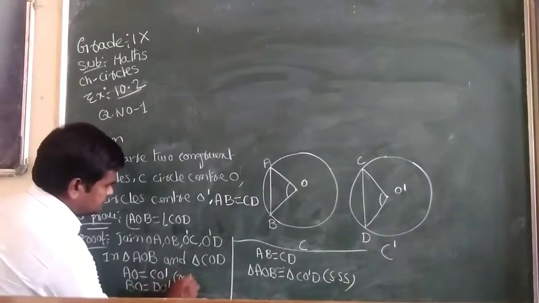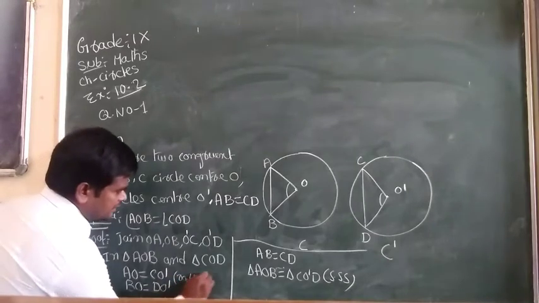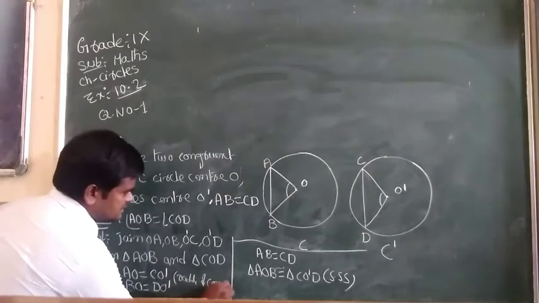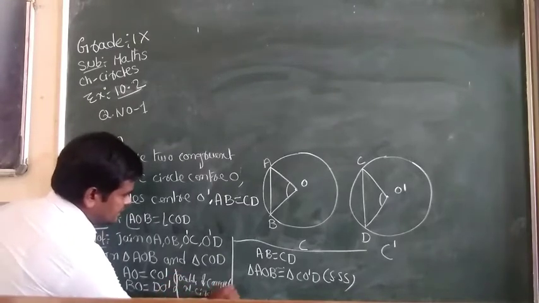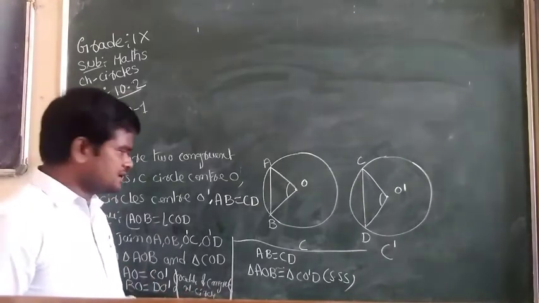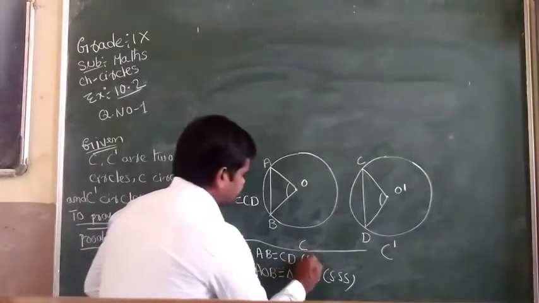Radii of congruent circles are equal. This is the given.